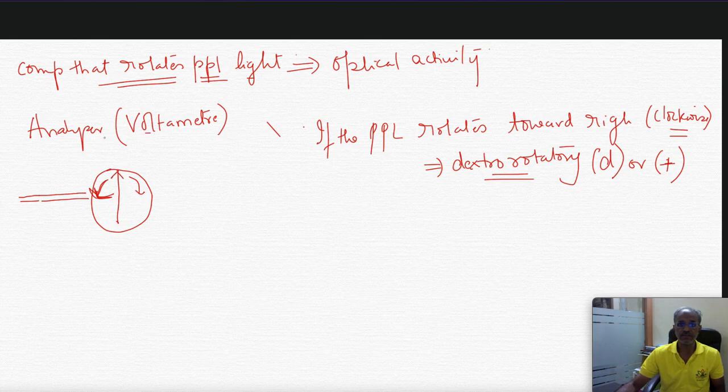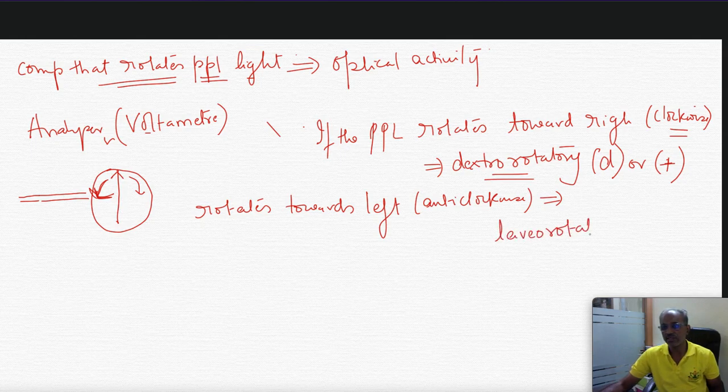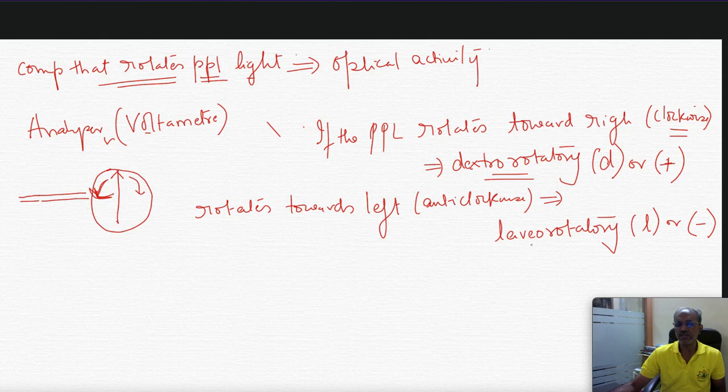Similarly, if the compound rotates the light towards the left or anti-clockwise, then it is known as levorotatory, L-E-V-O, levorotatory, or you can say small l or minus. Levorotatory, l or minus.